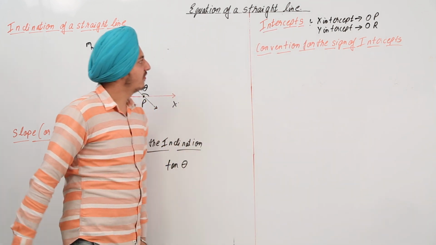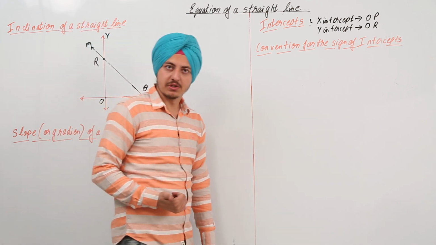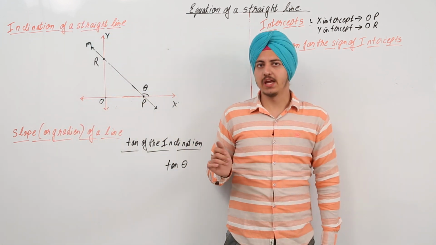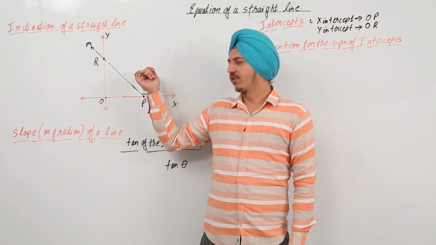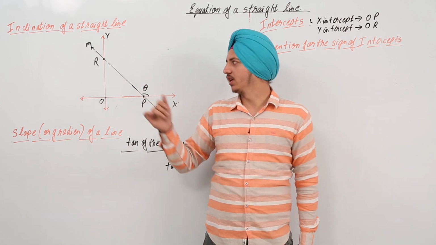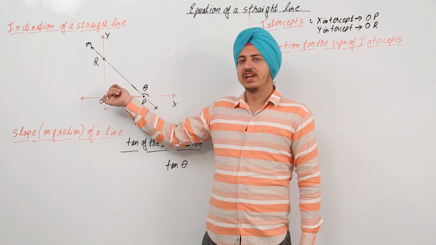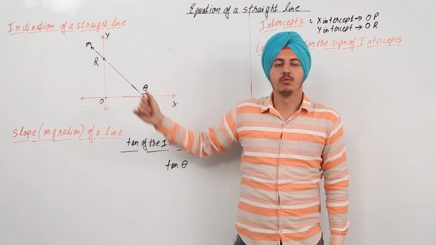Now the next thing we have is the convention for the signs of intercepts, okay? The conventions are the same as when we were finding out the coordinates of a point. What was that?